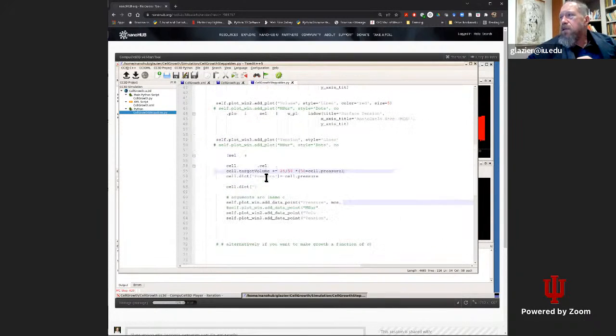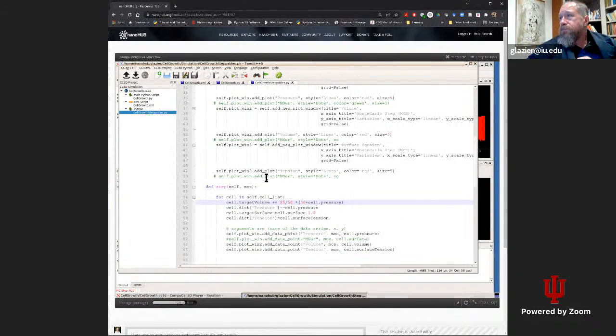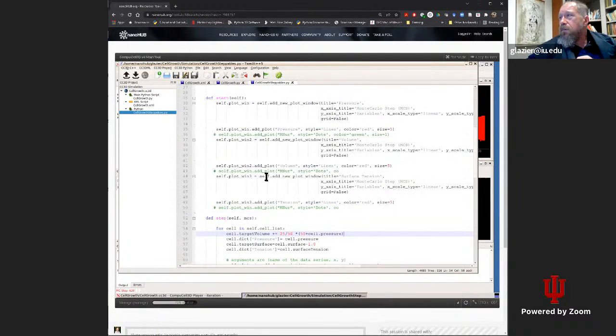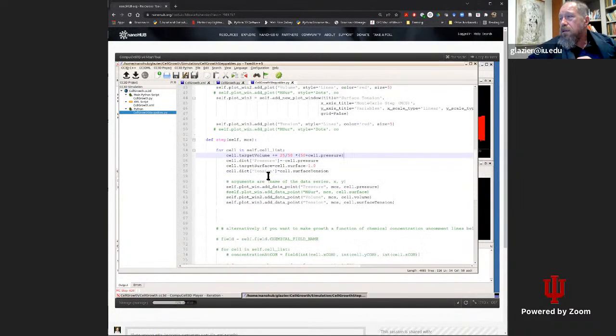And let me also, on my plots, I'm going to only plot every 10 Monte Carlo steps, so that the plots don't take so much time.